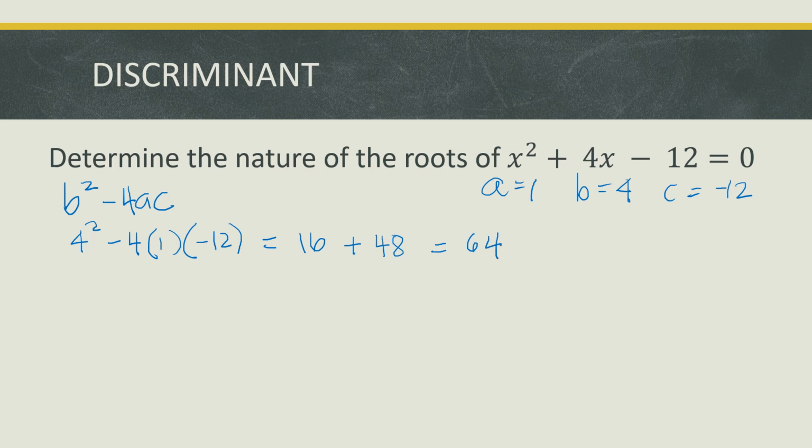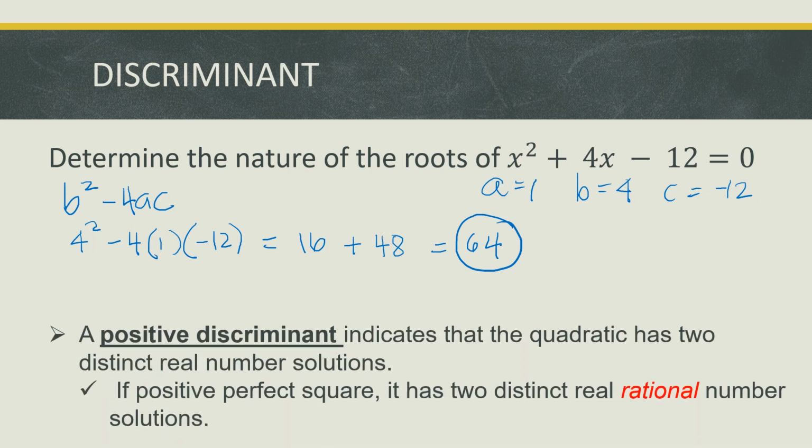Take note that we have a positive discriminant, and 64 is a perfect square number. Therefore, we have two distinct real rational number solutions. That is the nature of the roots of x squared plus 4x minus 12 equals 0.